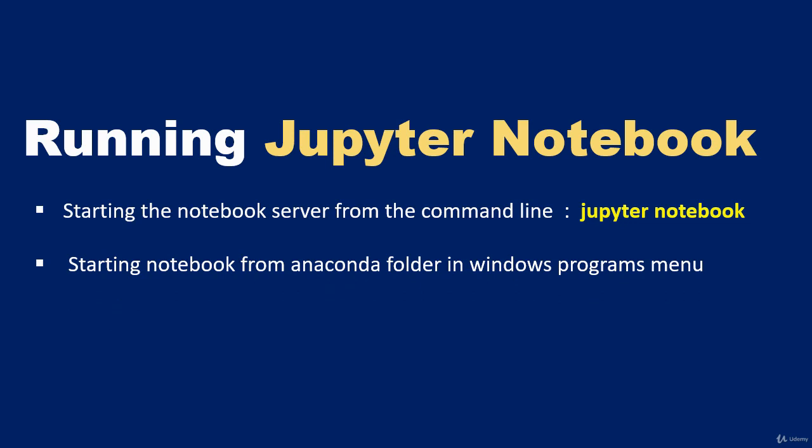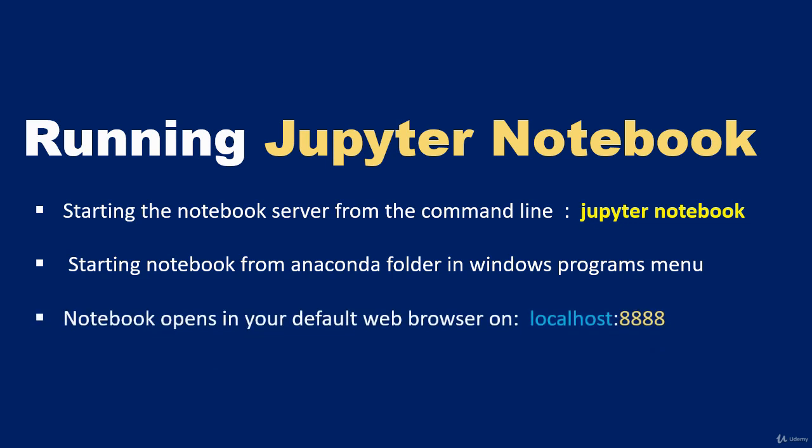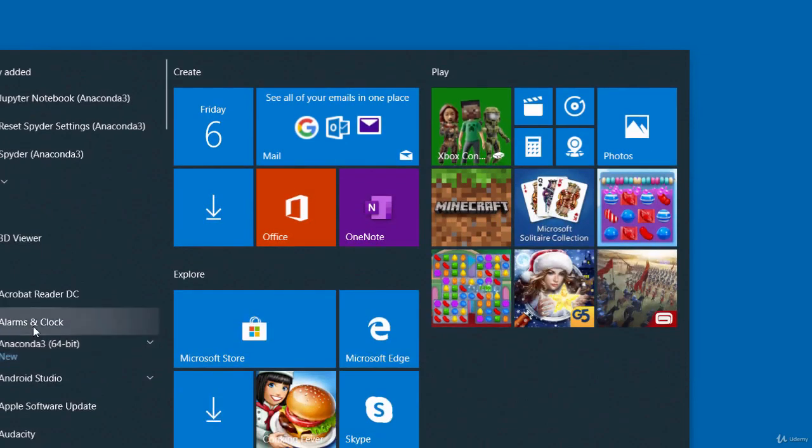You can run it from there as well. Once the Jupyter Notebook server is started, it opens up the Jupyter Notebook in your default web browser, and it does that on localhost, and the port it uses is 8888.